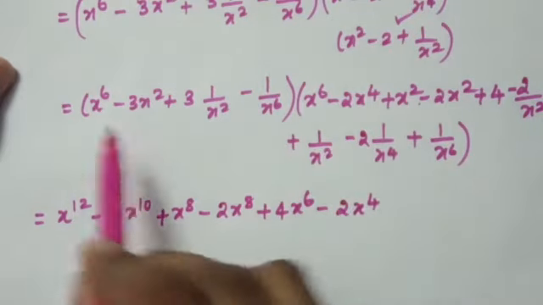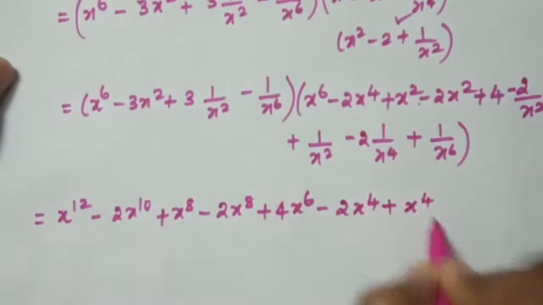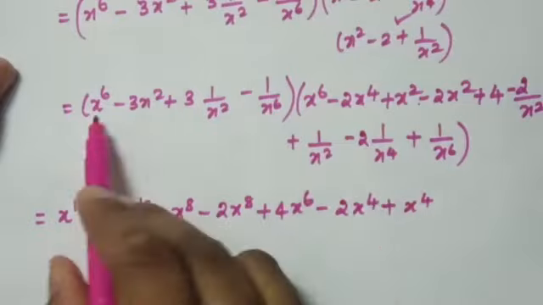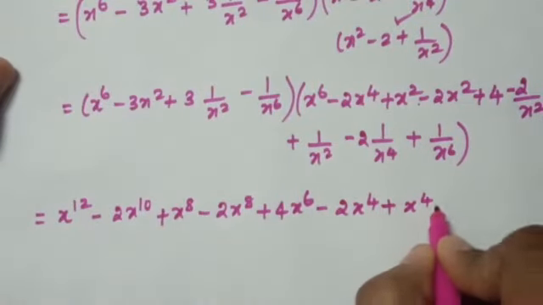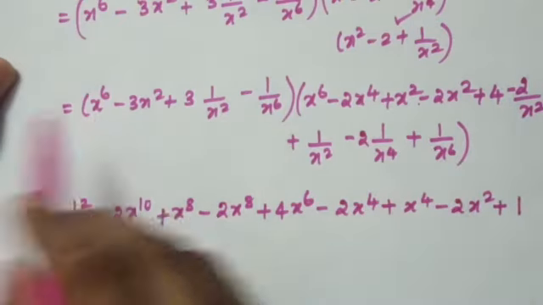So plus 1 by x squared into x power 6 is plus x power 4. So next minus 2 into x power 4 into x power 6 is minus 2 into x squared plus 1. So 1 by x power 6 into x power 6 is 1.